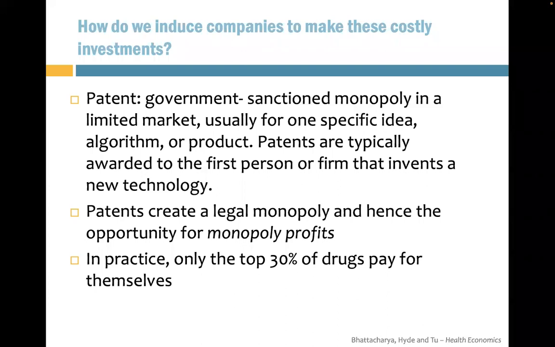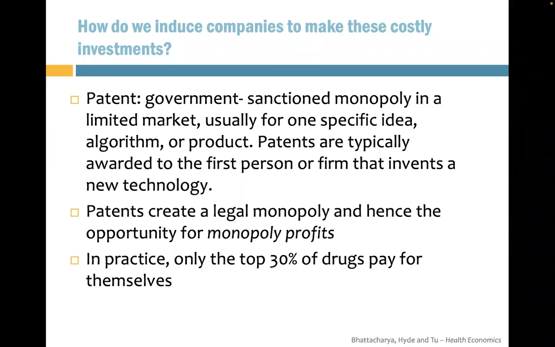Patents are typically awarded to the first person or company that invents a new technology. Because there's only one person or one firm, this is a monopoly. This is a legal monopoly, and hence the opportunity for monopoly profits, because you are the only one that supplies it. So a monopolist has the ability to set the price that maximizes their profits.